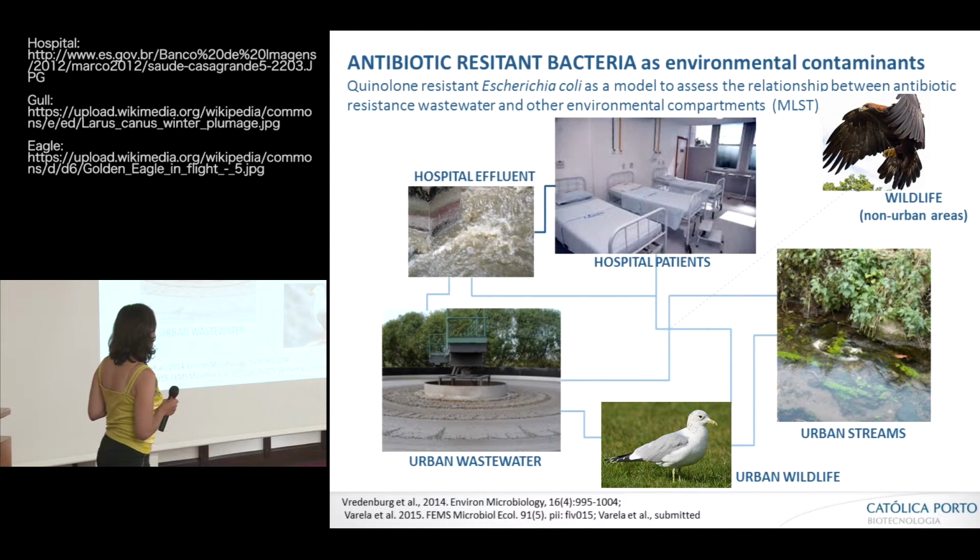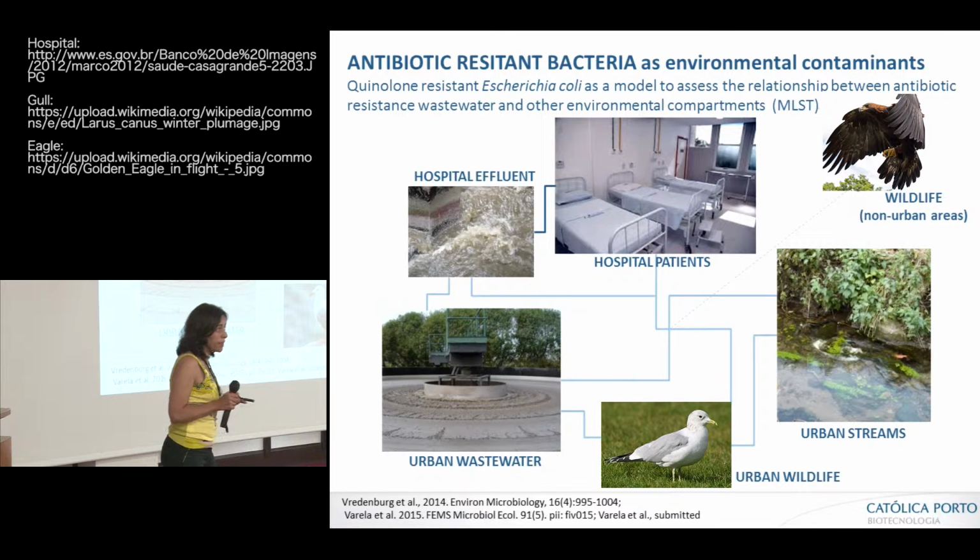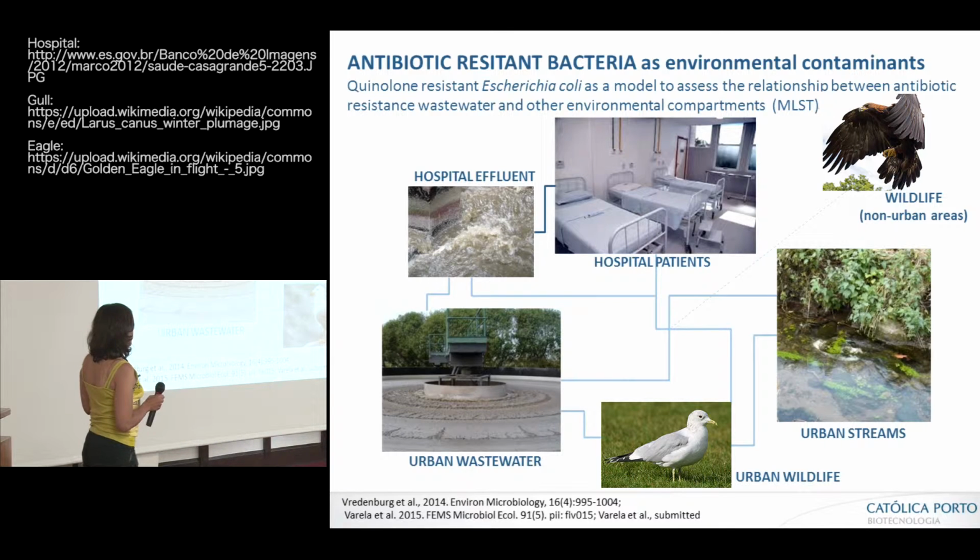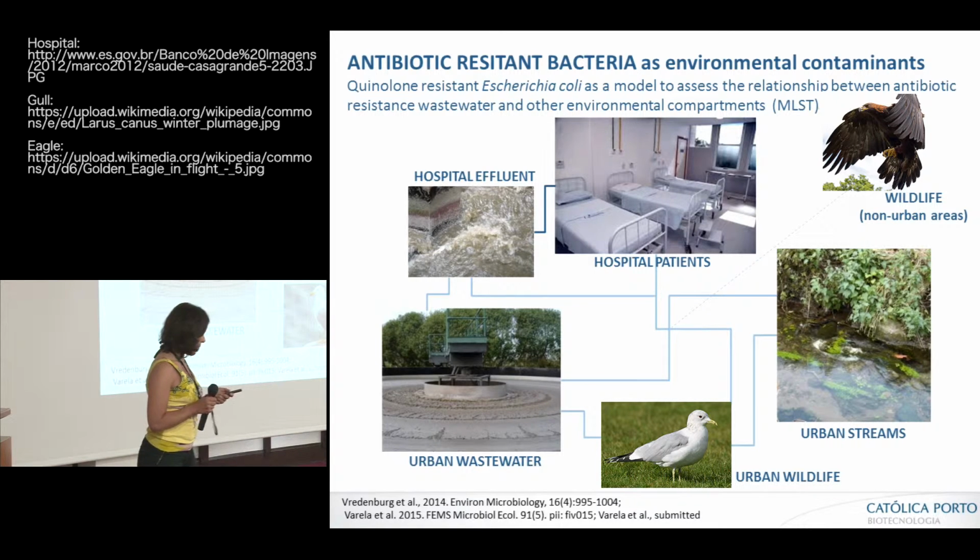What we could see is that the bacteria that share these different environments are genetically closely related, which means that probably this contamination that comes from hospitals is indeed already found in the environment.